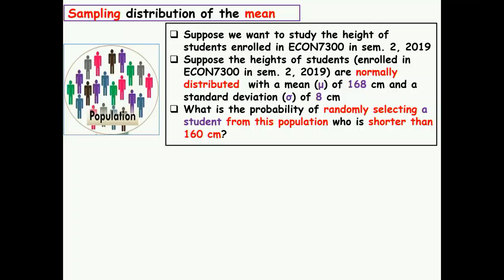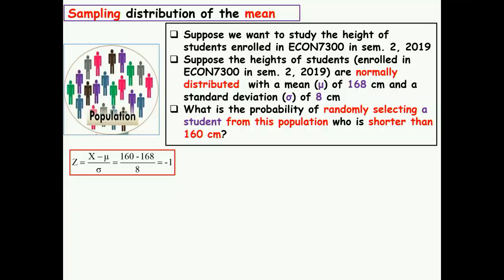So keep in mind that I am picking only one student. I randomly pick one student, and that student is 160 centimeter. So I want to know the probability of less or equal to 160, or I could also ask greater or equal to 160 centimeter. In this case, because I am only picking one student from the population, we have to apply this formula.